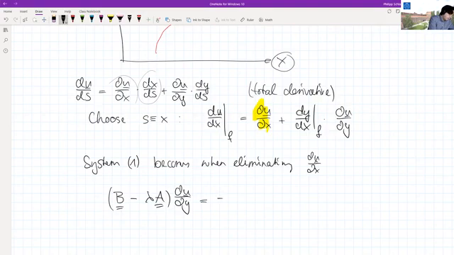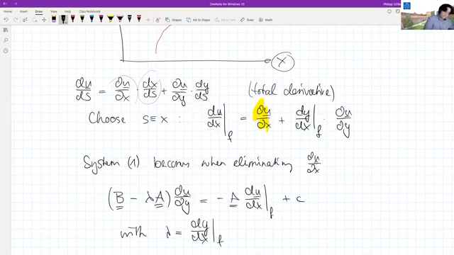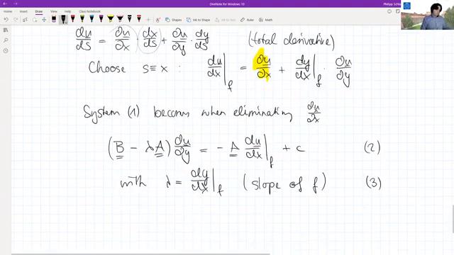And that's the same as minus a times du dx along the curve plus c. And I have introduced now an abbreviation, namely this lambda is dy dx along f. In some sense, this corresponds to the slope of f. I call this equation number 2, this equation number 3.